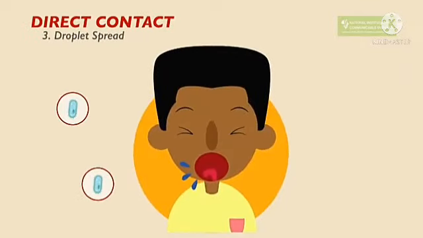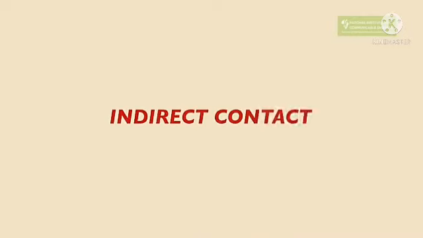Direct contact can also be spread through droplets from an infected person, and when this droplet comes in contact with an uninfected person, the person becomes infected. So this is a way of spreading diseases.